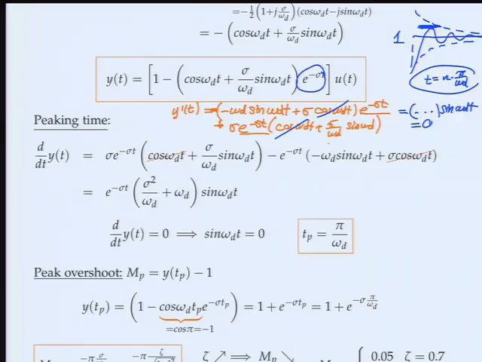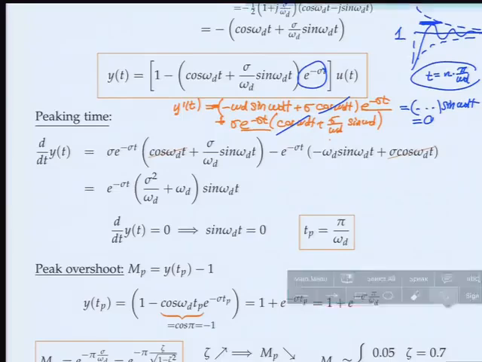So what remains is cosine. And so cosine pi is equal to what? Negative 1. But then we have a factor of e to the negative sigma t. That's how we get this expression here.